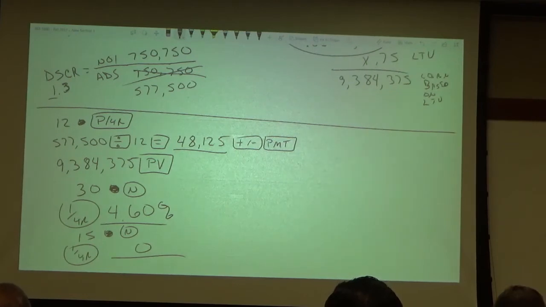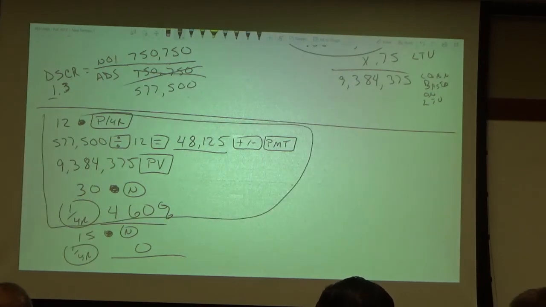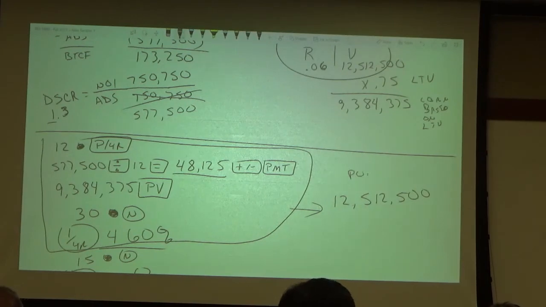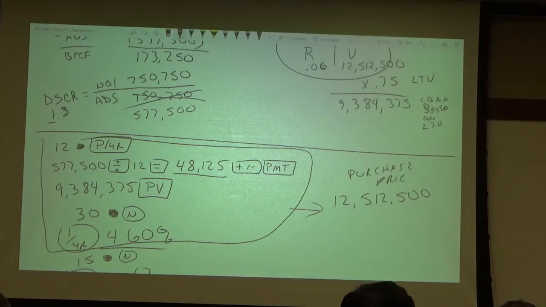So, under these circumstances, with this scenario up here, we have already determined from what we've calculated above that the maximum amount we could pay for the property, the purchase price, would be $12,512,500, okay, based upon those criteria.